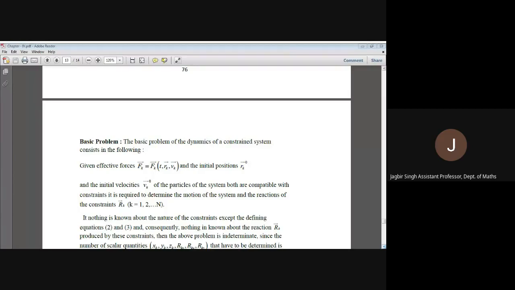So in every situation the required reaction force is different, and the basic problem is: according to the situation, what is the requirement of the reaction force? If the breaker is ½ inch only, then there is no requirement of reaction force. But if it is 5 inches, then we need reaction force. If it is 3 inches, the reaction force will be different. If it is 2 inches, the reaction force will be different.